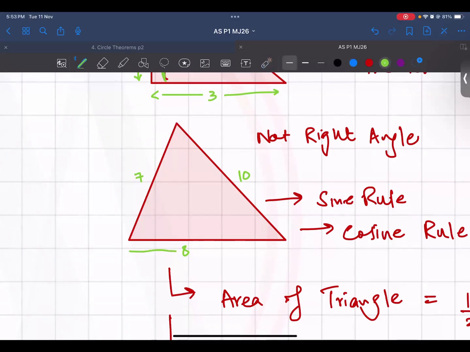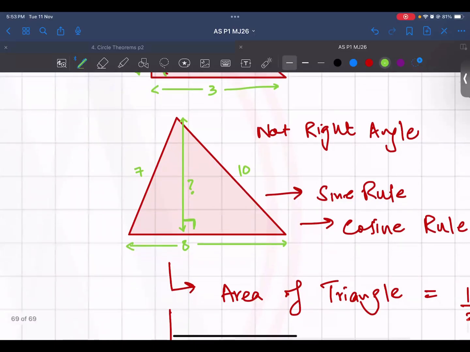If this is your base, your height will be this distance, perpendicular distance from the topmost point on the triangle to the base. And you don't know that, you don't know the height of this triangle. So that's why you cannot use this formula, half base into height.